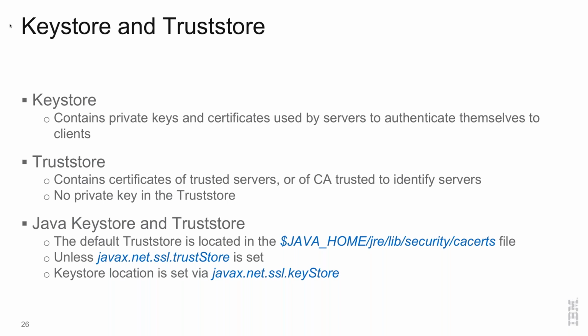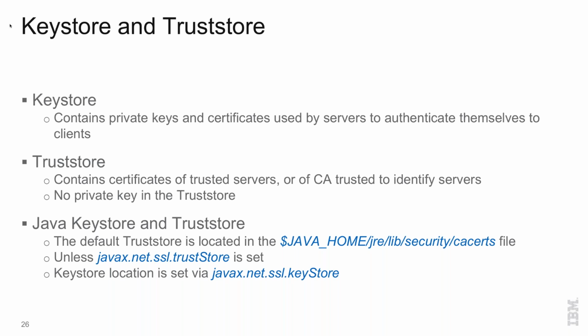So you can have a chain of certificate authorities, so that it can verify the signature comes from a trusted authority. But there's no private key. So basically, the trust store is used by the client to verify the certificate presented to it by the server.